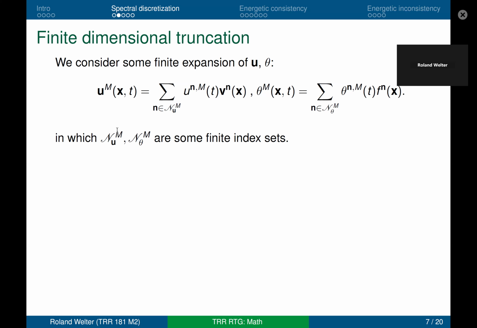These are written with a capital M superscript to denote that they're finite, and capital M will in some way denote the size of these index sets.